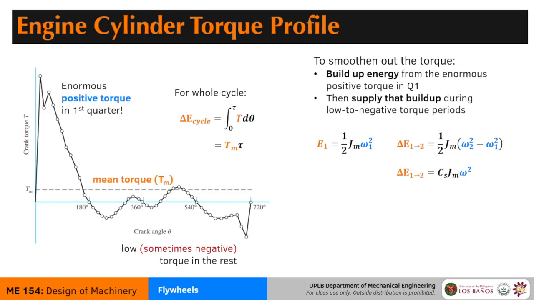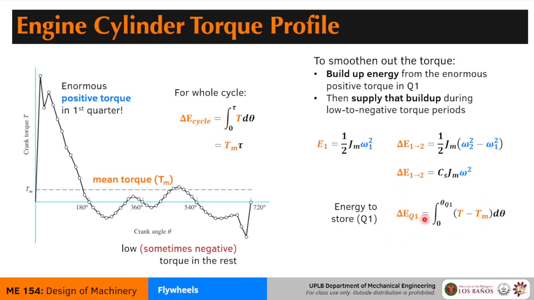So going back, now, in order to calculate a proper mass moment of inertia for our flywheel, we have to quantify the area here in the positive loop minus the area below the mean torque. So the modification to our integral here would be this.